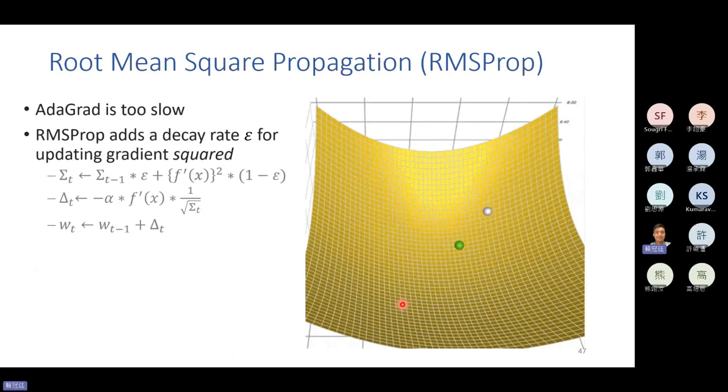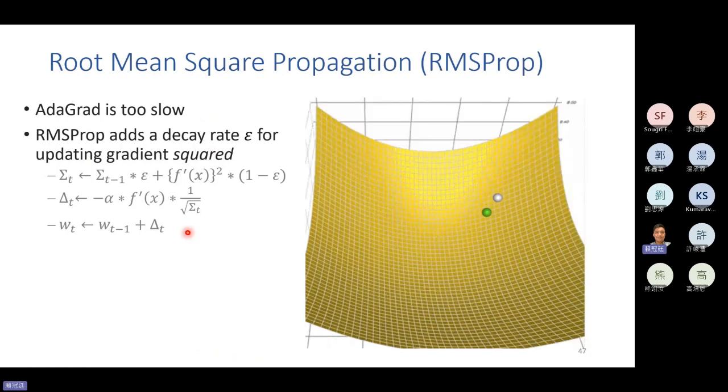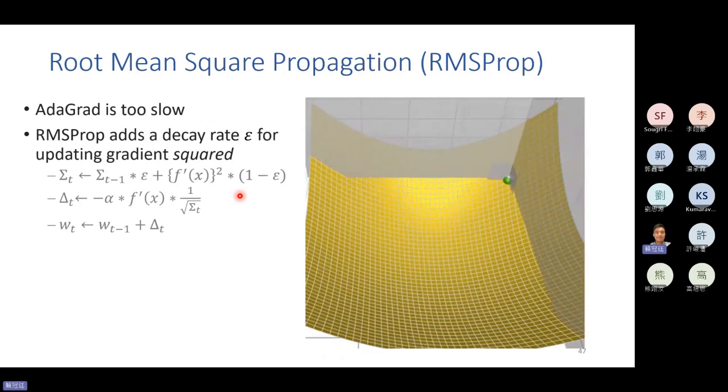The improvement on adaptive gradient is root mean square propagation, RMSProp. RMSProp adds a decay rate for updating the gradient squared. So it makes learning a little bit faster, and RMSProp is very popular also.